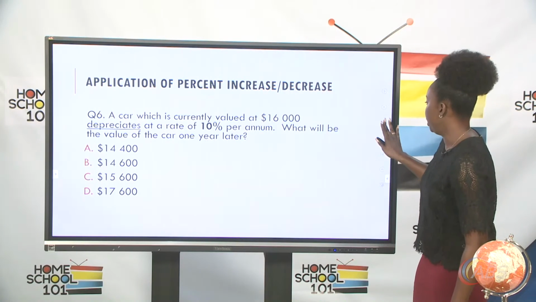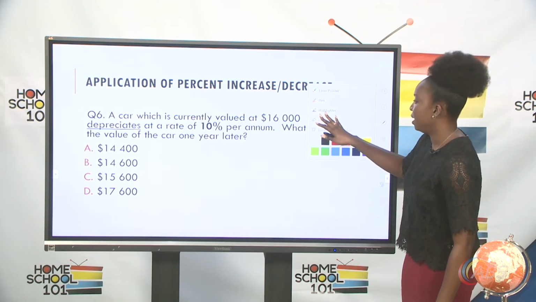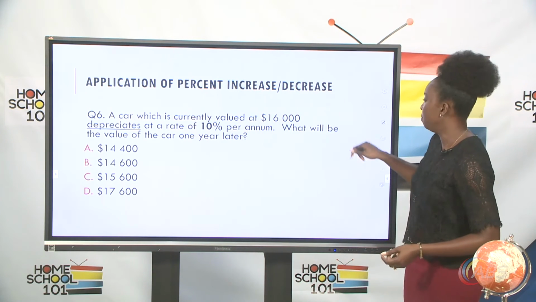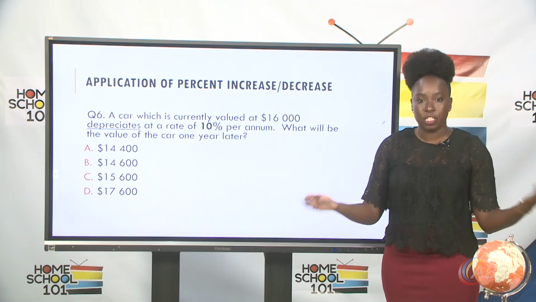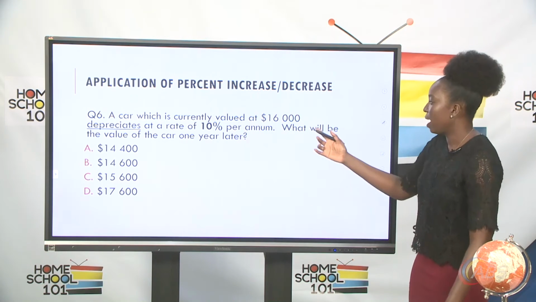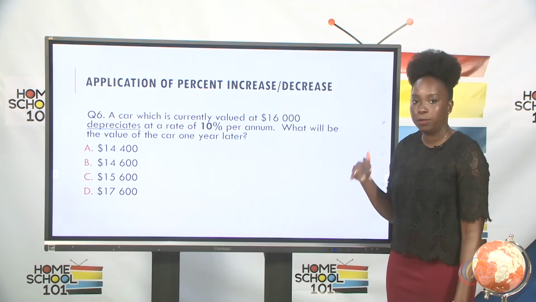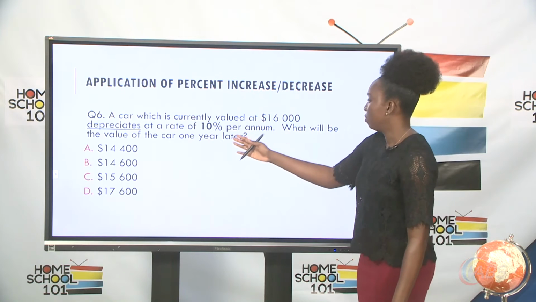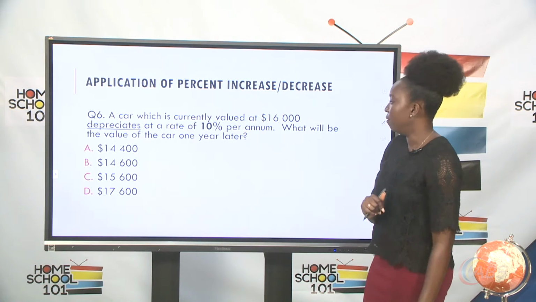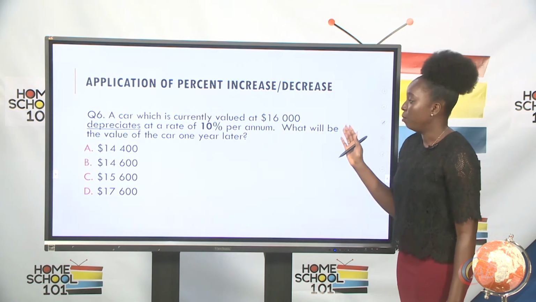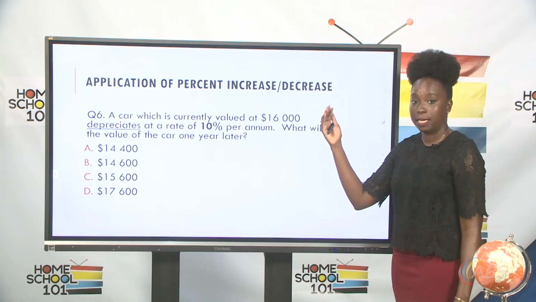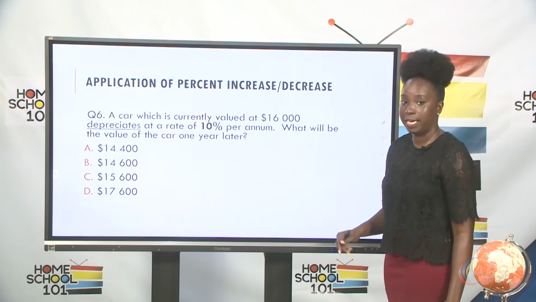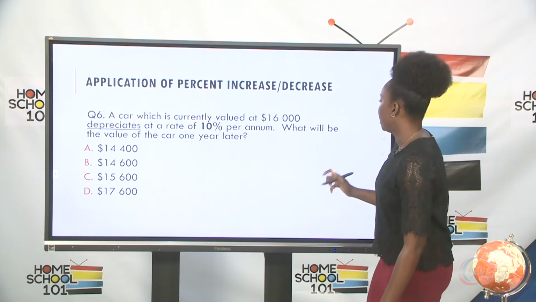Okay, so depreciates just means the value is less, okay? And when you see per annum, we just mean each year. So every year, this car reduces or loses value at 10%, okay? So we'll just find 10% of 16,000, and then we'll be able to subtract that 10%, whatever value we find, from the 16,000 to find what its value is the following year, okay?